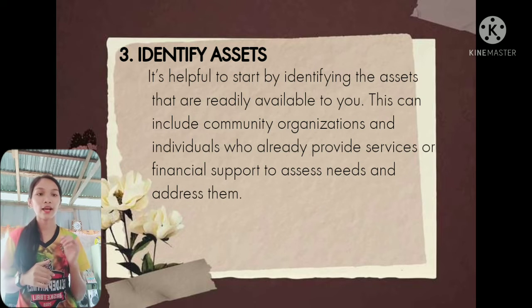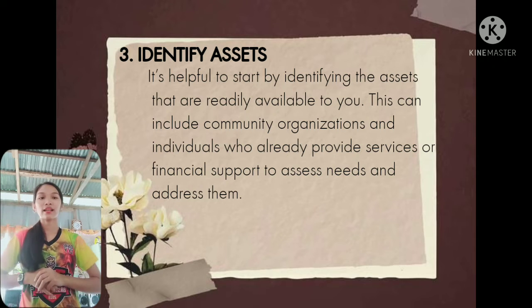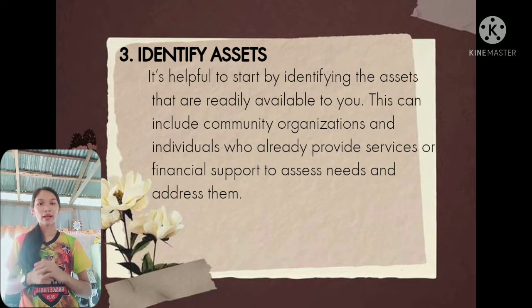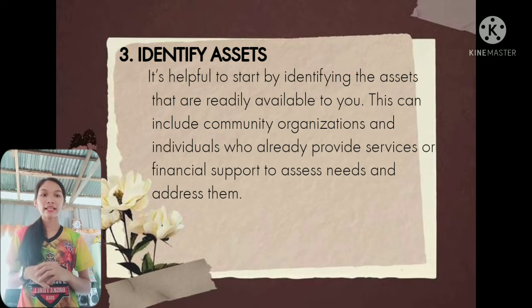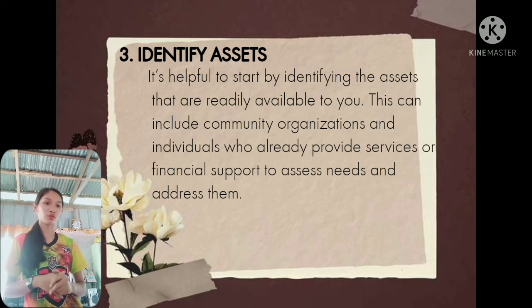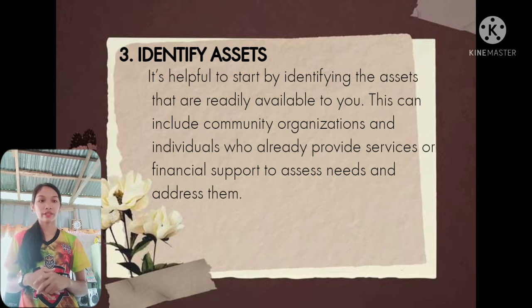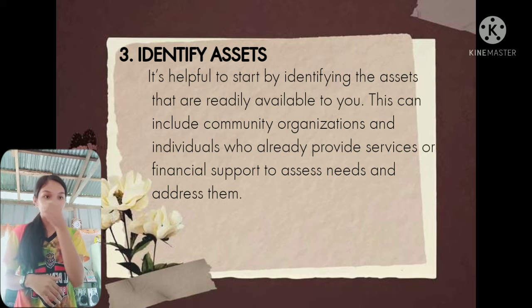Next, it is helpful to start by identifying the assets. We need to know the assets that will help us make the program we provide to people within the community successful. And the assets are those that are readily available to you. You should consider what you can really provide, whether your staff are enough.